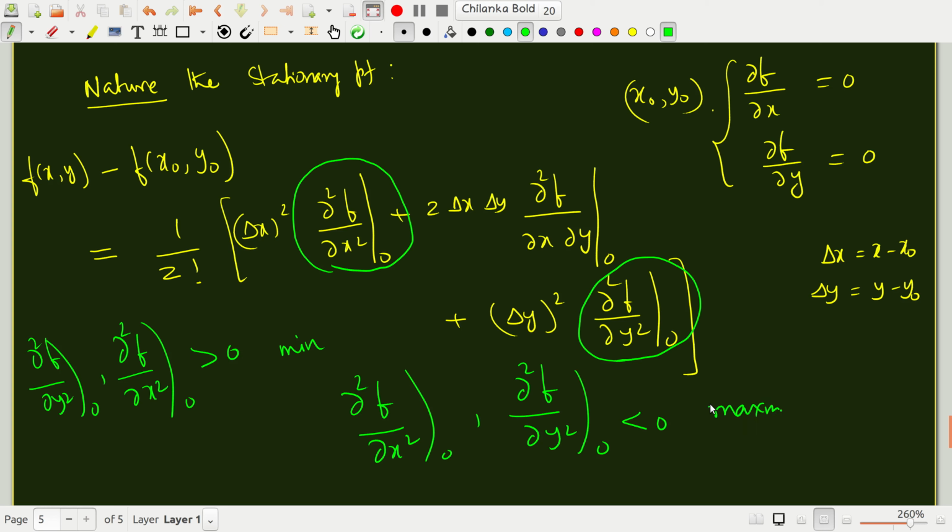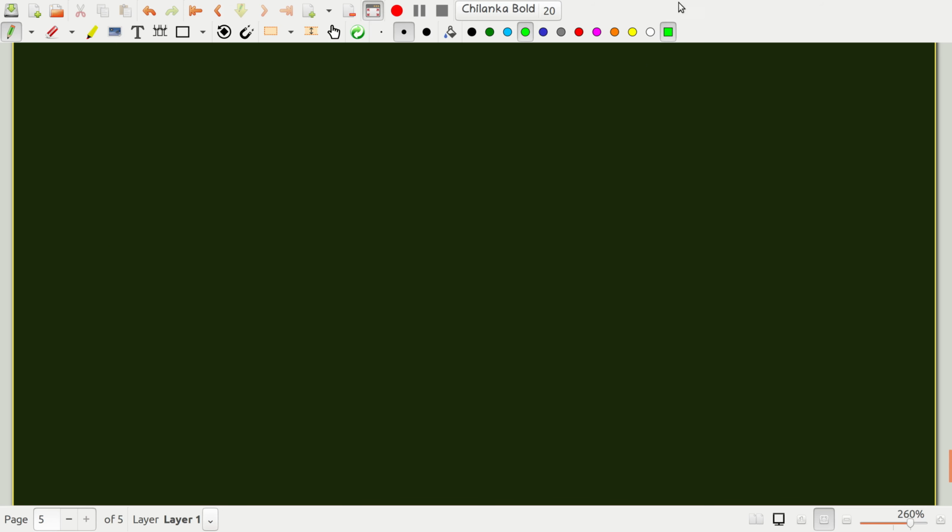But who's to tell us that you have to walk only along the x and y direction? You can walk in any direction. So you have to look at the sign of this term as well. In order to do that, it's useful to rewrite the deviation f of x y minus f of x0 y0. This is not exact because I have truncated it up to second order, so I'll have to write an approximate symbol.